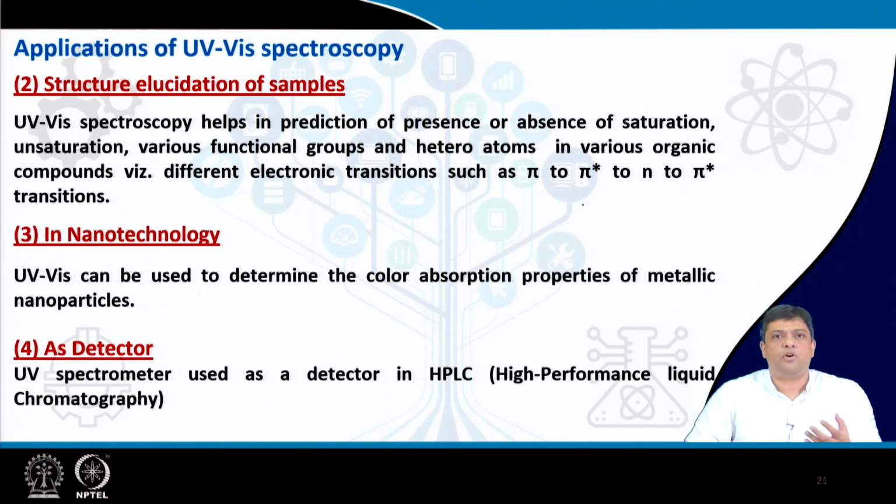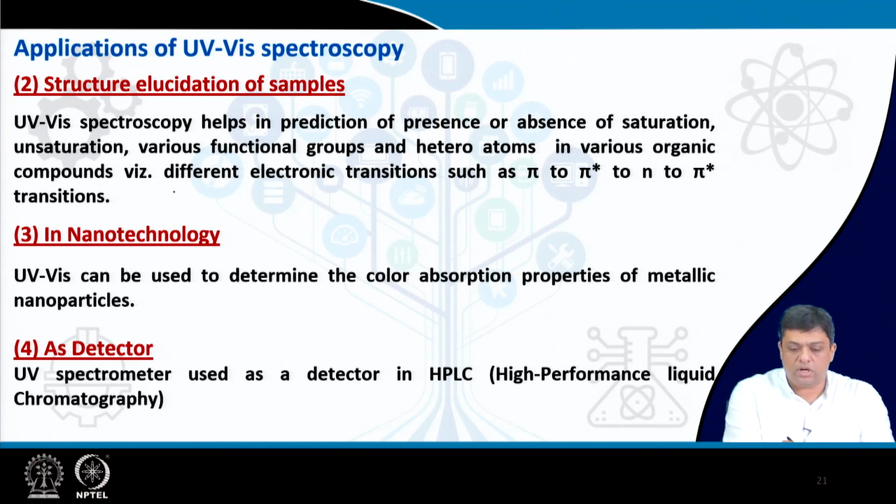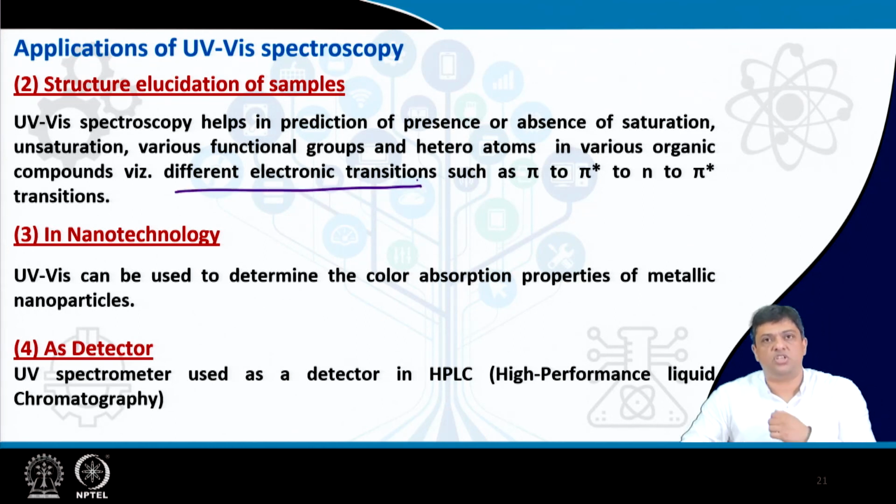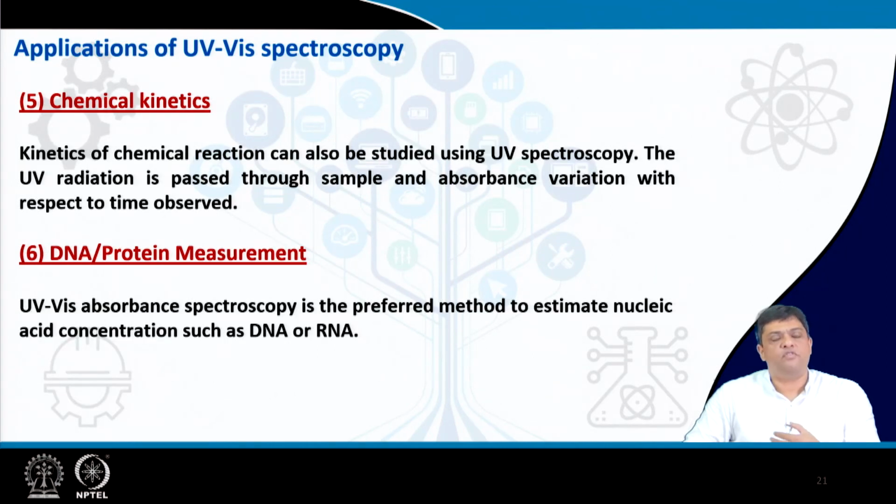A large number of applications are there. You can also talk about understanding the electronic transitions in organic compounds, or there are other applications which are very common and used extensively, like understanding the kinetics of chemical reactions.